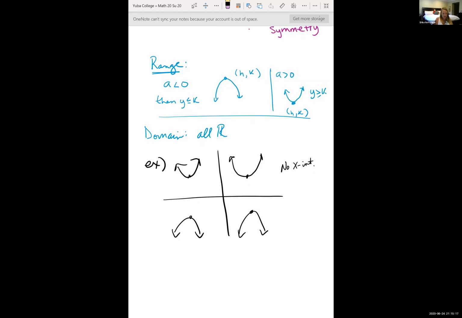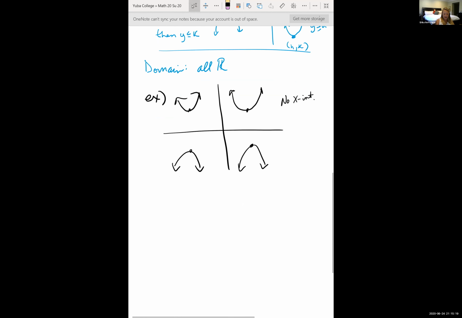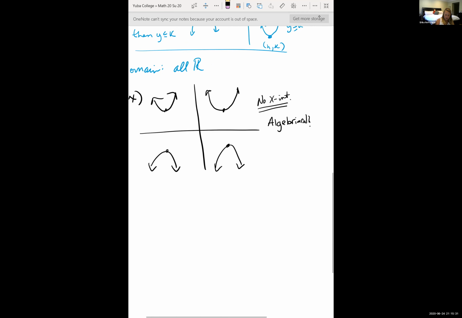And so you could save a lot of work trying to find that x-intercept. Algebraically, though, if you went through to find it, remember that's when y is equal to 0. You're looking at when f of x equals 0. Well, what's going to happen is you're not going to get a real number as a solution.